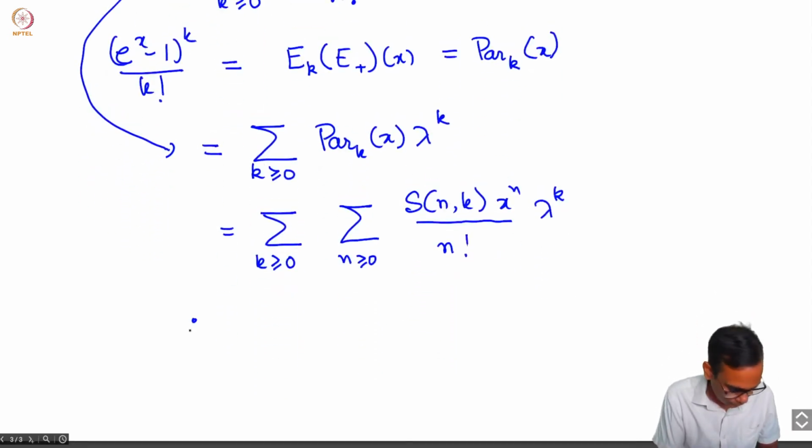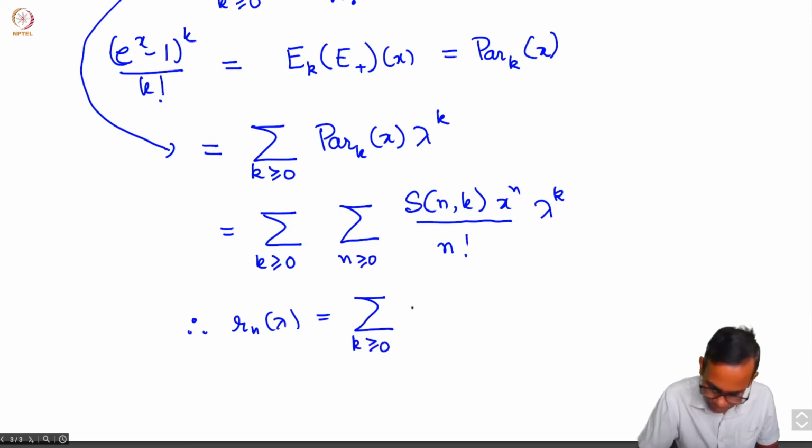And so R_n(lambda) in this case is the sum k greater than or equal to 0 of S(n,k) lambda to the power k.